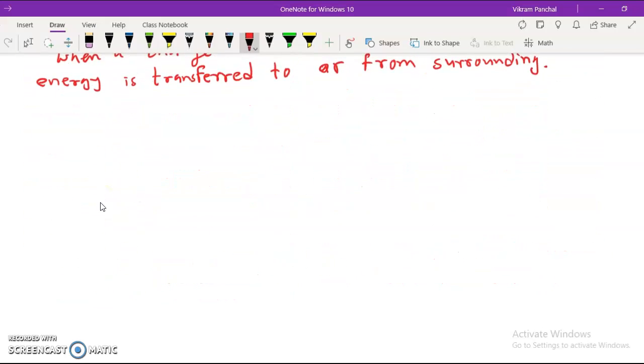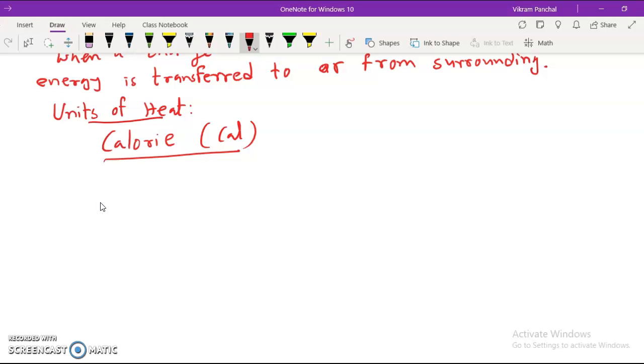Now, units of heat. The most common unit or MKS unit of heat is calorie. There is a definition of calorie also.